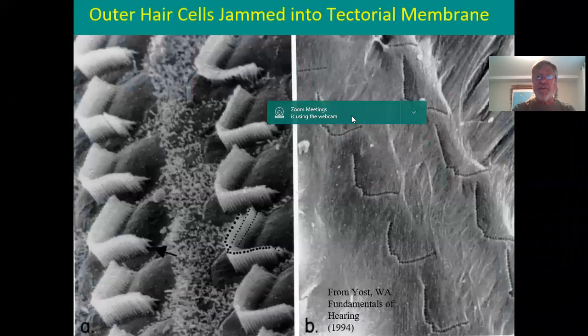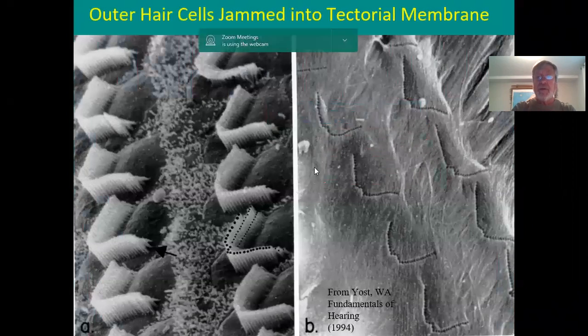Okay, there you have it. You can see the indentations. They would have to tear off the tectorial membrane. This is the underside of the tectorial membrane, and these are the embedded marks made by the stereocilia of the outer hair cells that are embedded in it.